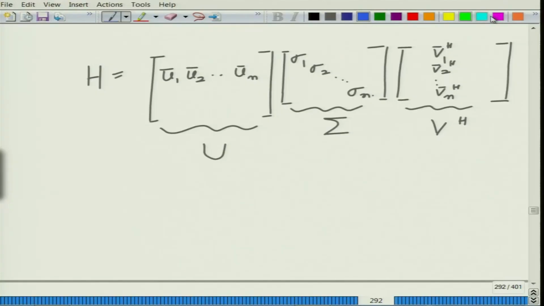And now let us start looking at the properties of the SVD. Okay, so what are the properties of the SVD?